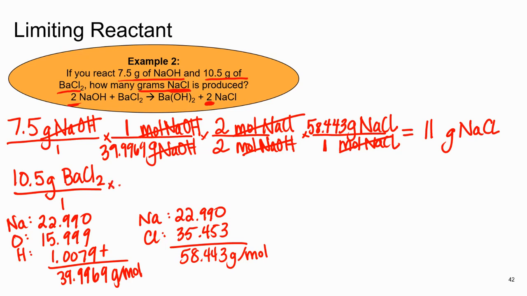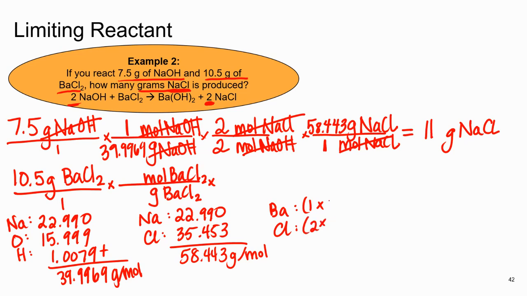Now we need to do the same thing, but for barium chloride. Bring down grams of barium chloride. We first need to convert that to moles of barium chloride. So we'll add up its molar mass. We have just 1 barium, but 2 chlorines, so double the chlorine mass for about 70.